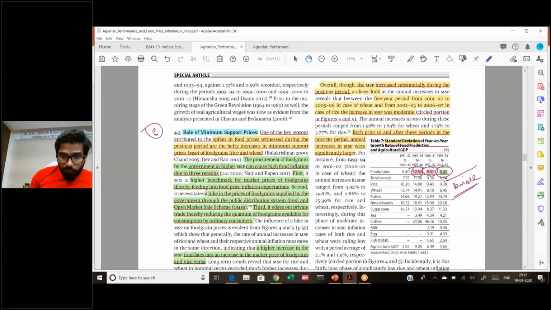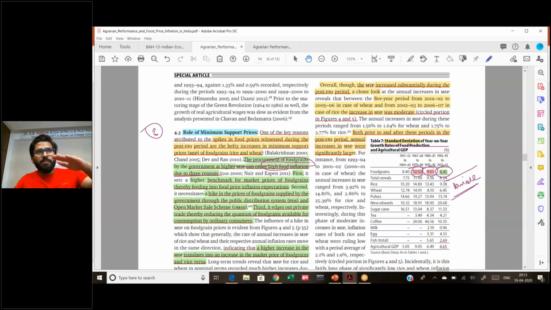So the first factor is that the procurement of food grains by the government at higher MSP can cause food inflation. If the government MSP increases, automatically it can lead to higher food inflation. How can it lead to higher food inflation? Because if the government assures the market that this will be the minimum price, this will be the floor price, that sets the ball rolling for higher price inflation in those commodities.